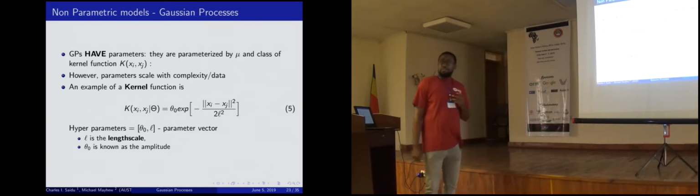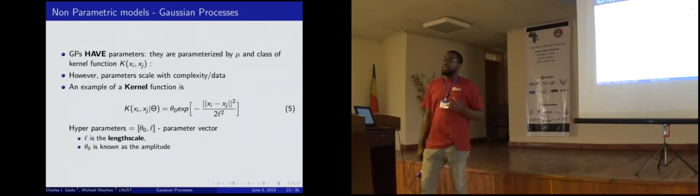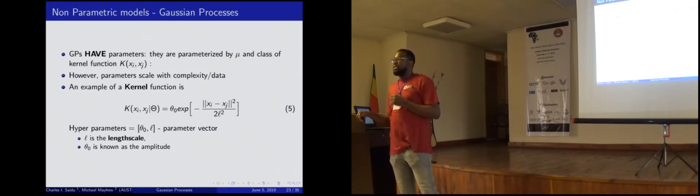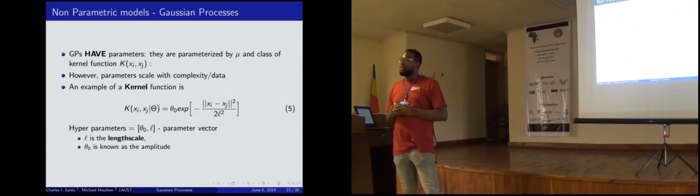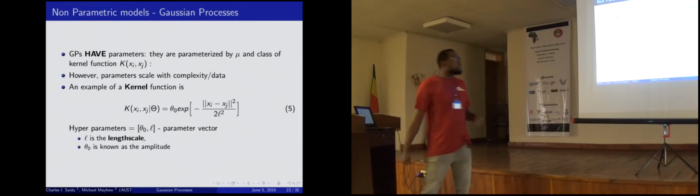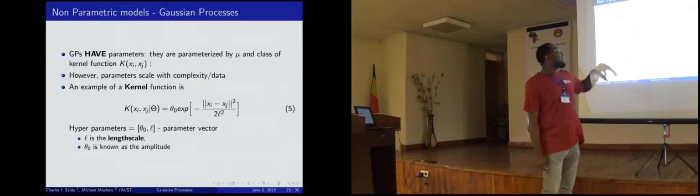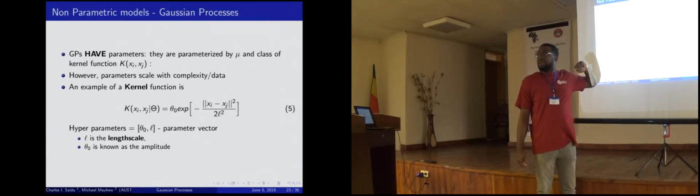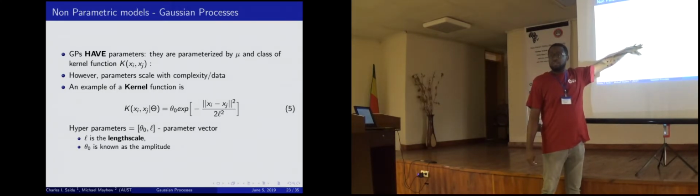Well, like I said, remember when we say Gaussian non-parametric, it doesn't mean that they don't have parameters. It just means that the parameters scale as the data size grows. So if you look at this, this is basically how these 2 points correlate, and this is the parameter associated with these 2 points, okay?